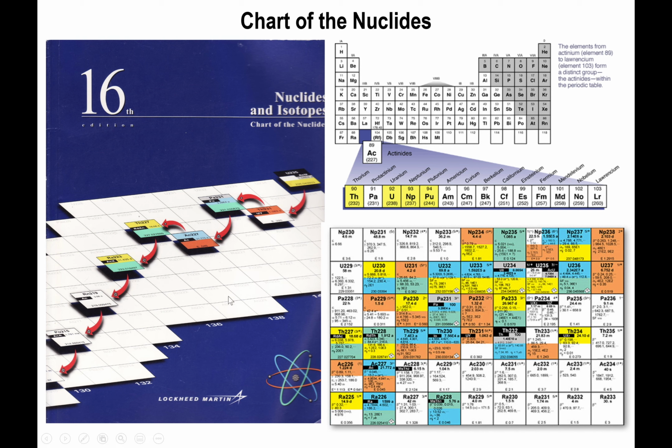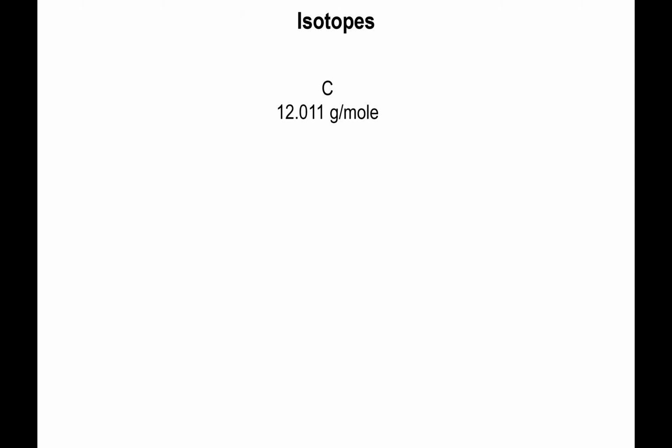Here I'm showing you the Lockheed-Martin nuclide and isotopes chart, which is very much complete with all the different isotopes, both natural and artificially made in nuclear reactors, as well as all the different information that you want to know in terms of what kind of reactivity some of these isotopes may have, how stable they are, how unstable they may be, etc.